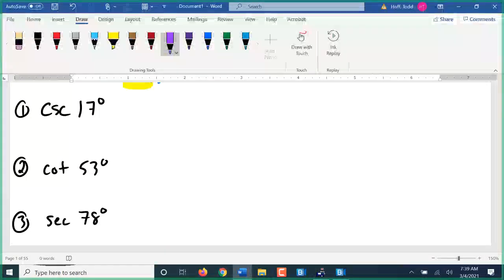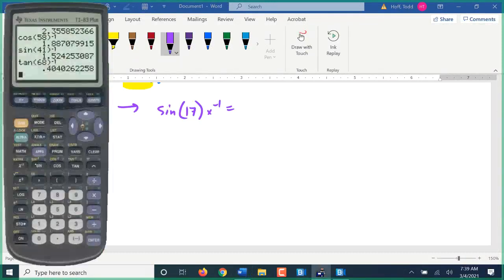So for the first one, cosecant goes with sine. We're going to type in the sine of 17 and then that reciprocal key. Sine 17, close parentheses, reciprocal. Whoops, helps if I put all the numbers in there. There we go. 3.420.